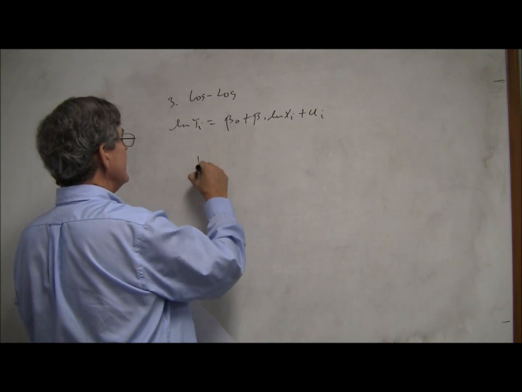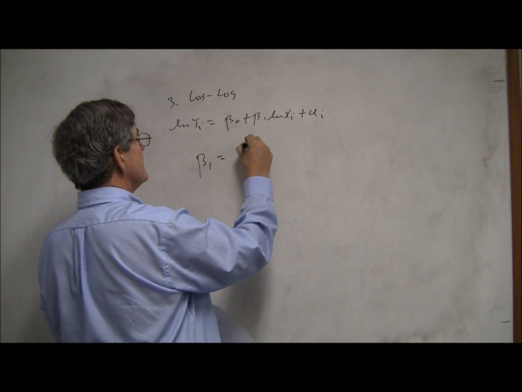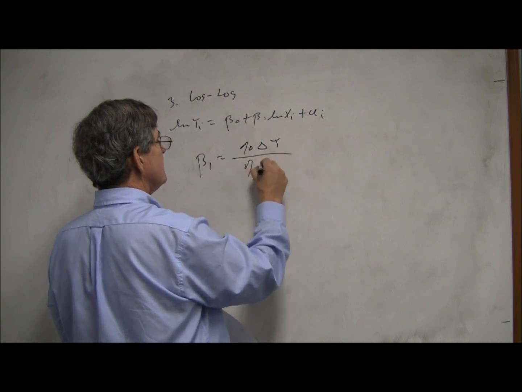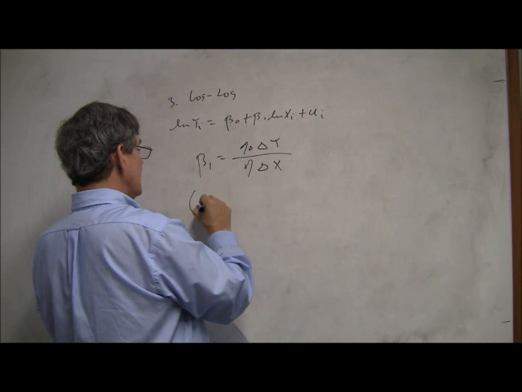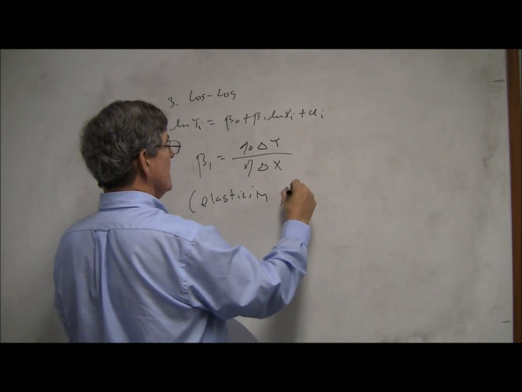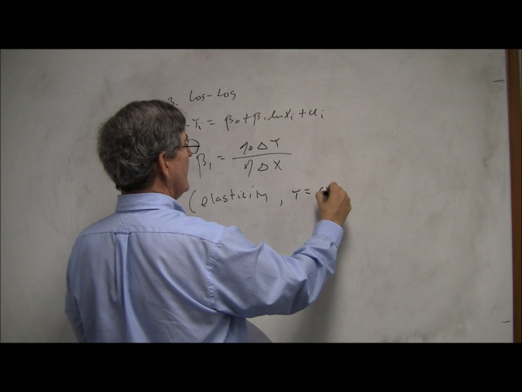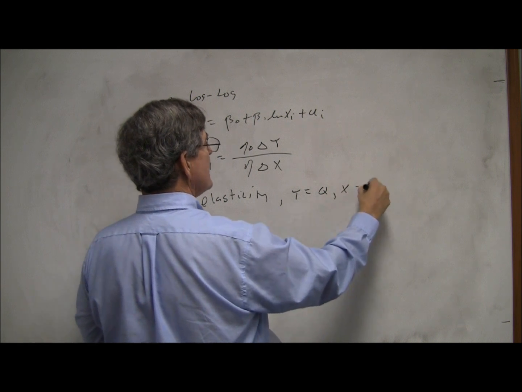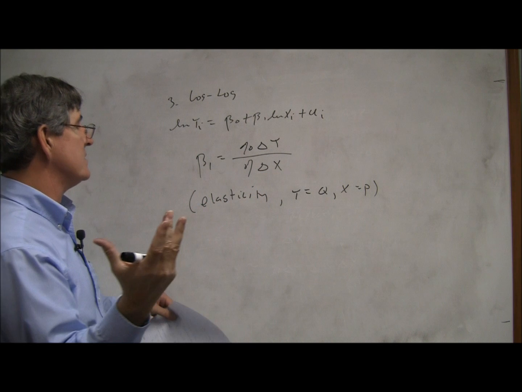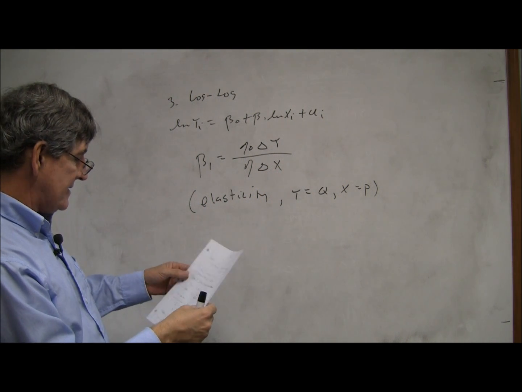Beta 1 in this case is the percentage change in y over the percentage change in x. It's an elasticity in general. For instance, for y equals quantity and x equals price, it'd be the percentage change in quantity over percentage change in price, which is a standard elasticity.